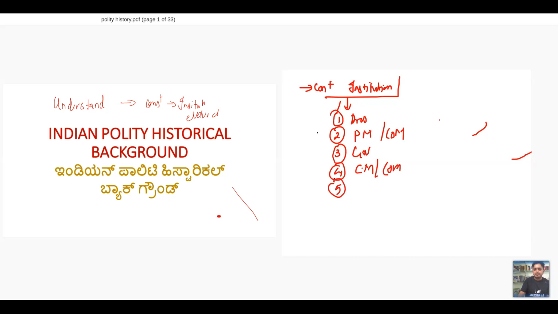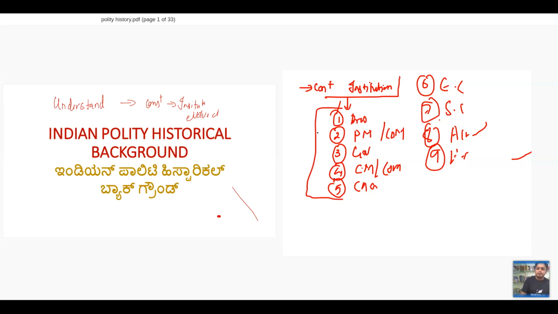Five, CAG. Six, Election Commission. Seven, Supreme Court. Eight, Attorney General. Nine, High Courts. Aren't these the constitutional institutions, right? We'll understand the background of these constitutional institutions, from where each started and how it has evolved. That will play a very essential role.